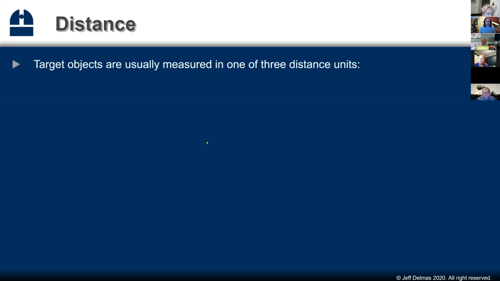Okay, another important thing that people are always curious about, in fact, I would say this is probably the number 1 question you'll get anytime you share a view through your telescope, and that is, how far away is the object you're looking at?